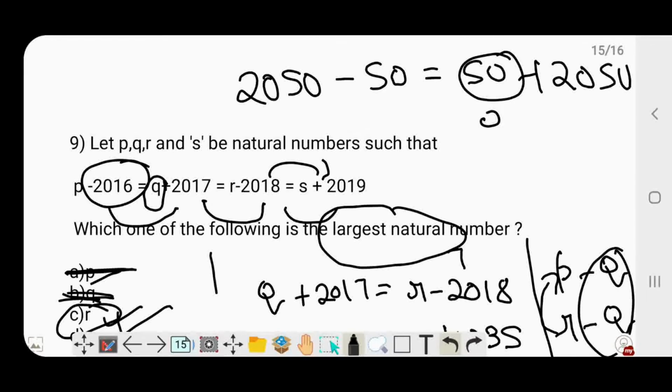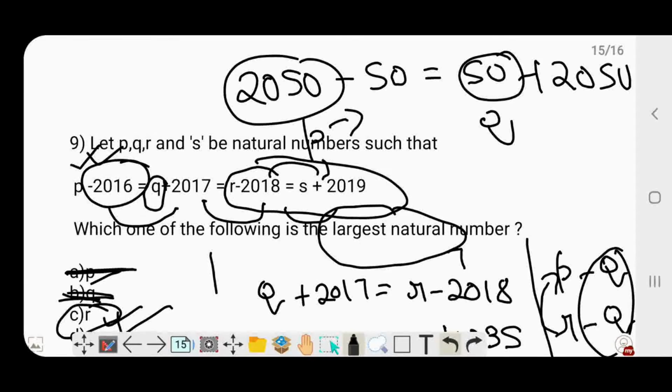Here Q is this 50 and P is the larger one. Similarly, among R and S, R is the larger one.